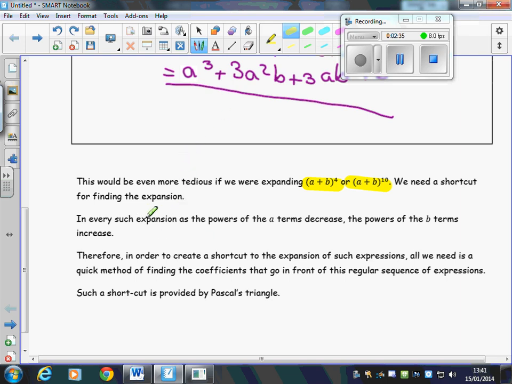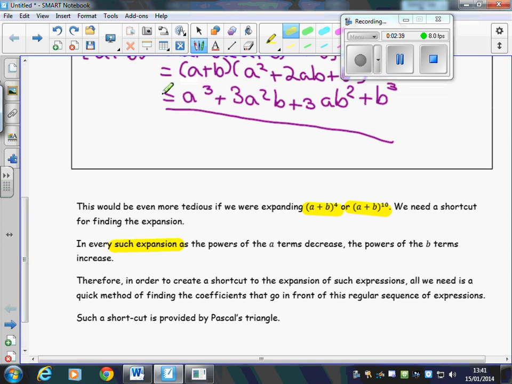So, in such expansions, like the one we've got here, we can see that the powers of a decrease. Here we've got a to the power of 3, then in the next term we've got a squared, then a, and then we have no a value at all, but that is equal to a to the power of 0 because that just gives us 1.